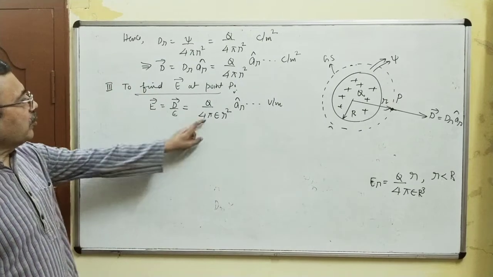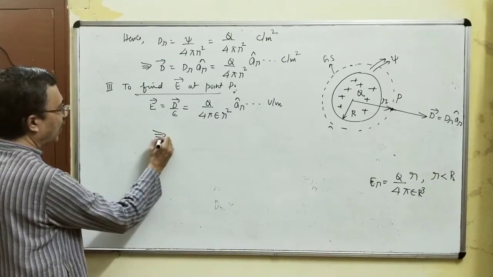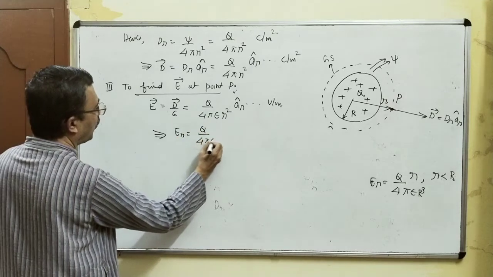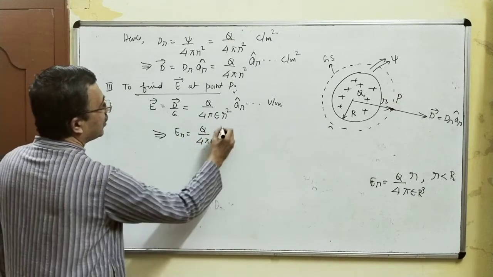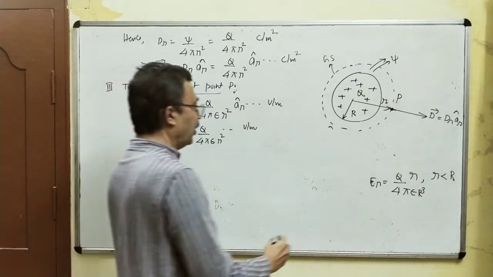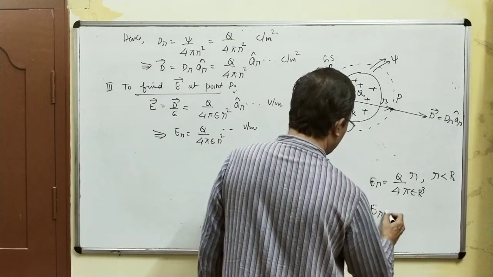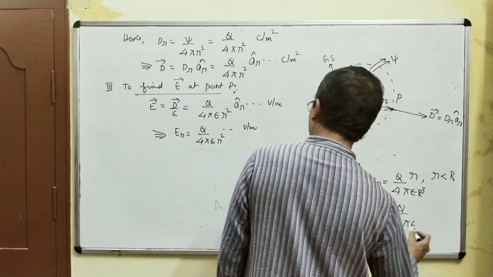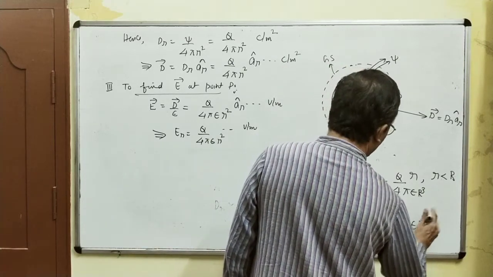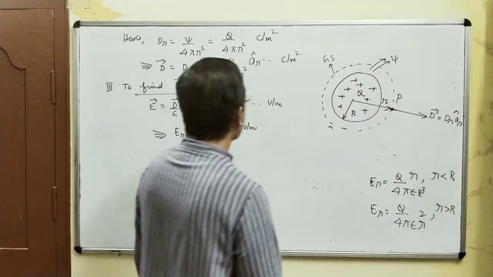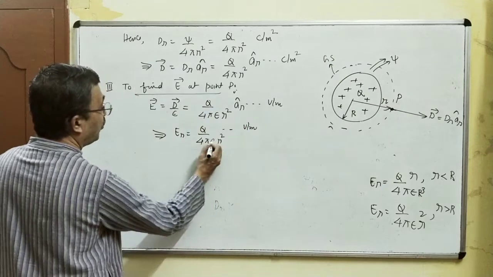Coefficient of ar cap is Er. This implies Er is equal to Q divided by 4 pi epsilon r square, so many volts per meter. For my reference, I write down Er is equal to Q divided by 4 pi epsilon r square. This is for r greater than R. If you replace small r by capital R, what happens?